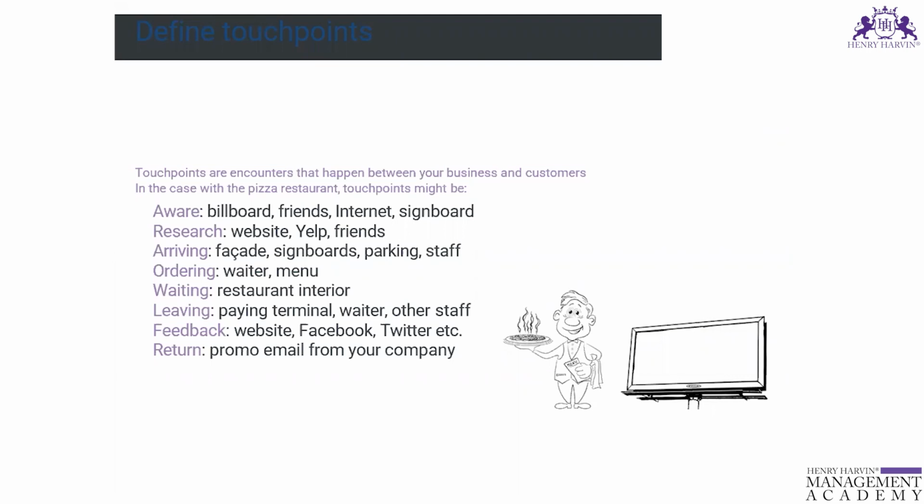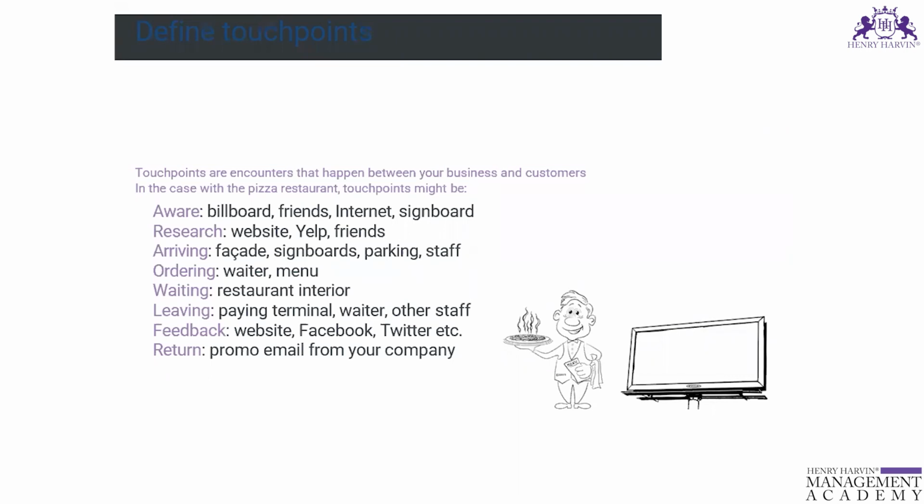When you order, is the waiter friendly? Does the menu look really attractive? Does the menu give a brief description of the food you are planning to order? When you are waiting, there is the restaurant interior, the ambience, the music, maybe cleanliness. When you are leaving, there is the paying terminal, the behavior of the waiter, maybe you need to pay money at the cash counter.